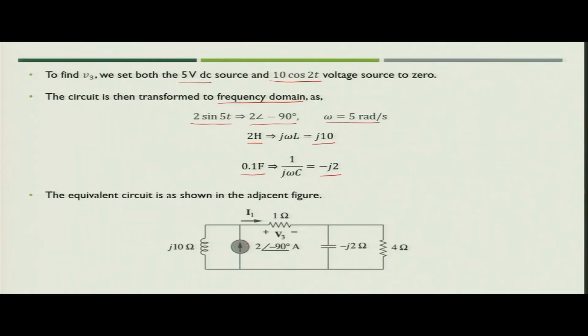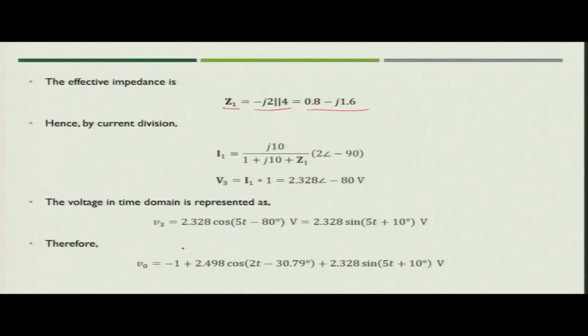Now, we utilize the current division to find the value of current flowing through 1 ohm resistance. So, here if you apply current division, then you can say that the current is nothing but 2 angle minus 90 degree into 10 divided by 1 plus Z1 plus 10.